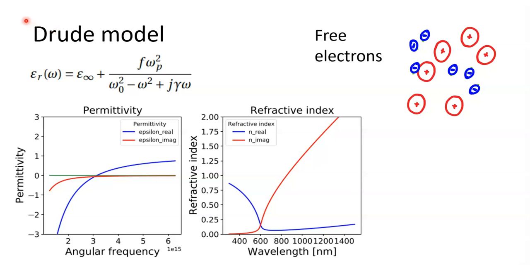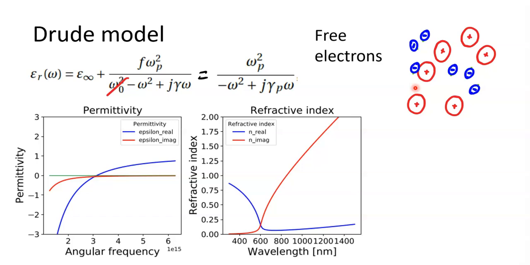Drude model is a modification of the Lorentz model. If the material has no specific resonances, but interaction of light takes place with free electrons, we can neglect the resonance term.